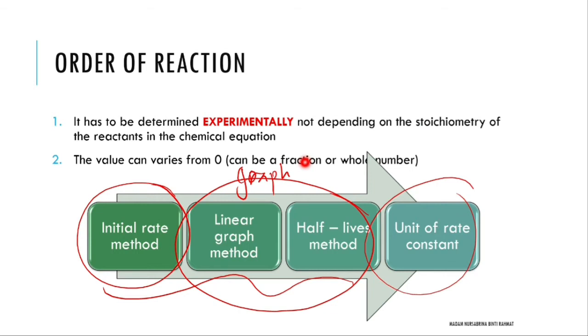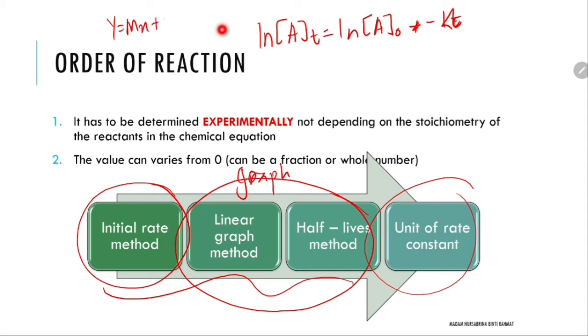The difference between the linear graph and half-life method is that in the linear graph method, we refer to the integrated rate law formula to plot a graph. For example, for a first order reaction, ln At equals ln A naught minus kt. If you want to plot a linear graph, we compare this equation with y equals mx plus c.